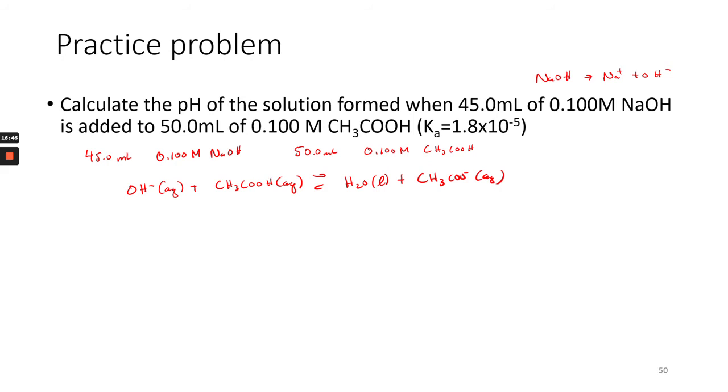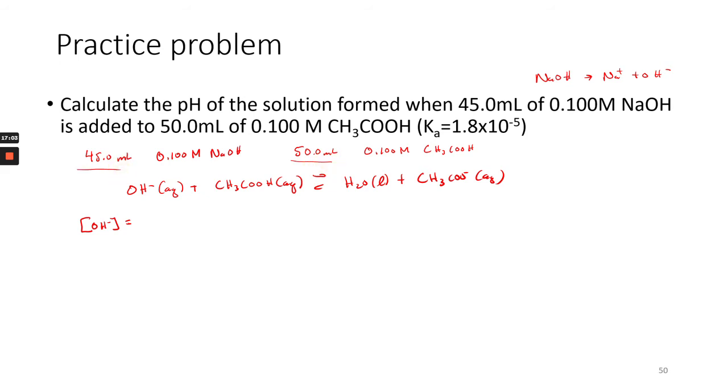Now what we need to do is calculate the concentration of hydroxide. Why are we calculating it when, oh look, it's right here? Well, no, we're adding it to our acetic acid, so the volume is changing.